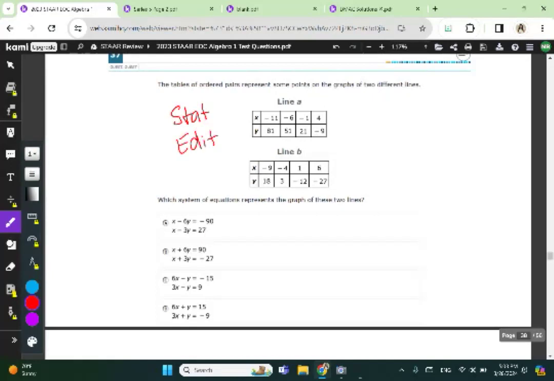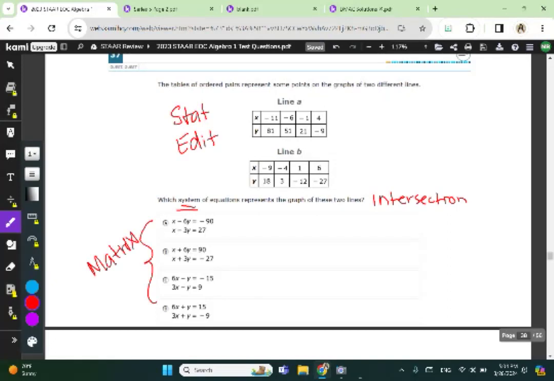Because this is a system, the whole concept behind a system is you're trying to find the point of intersection. We're going to use stat edit to find the equation of these two lines and find where they intersect. Because all of these are in standard form, we have to use a different method. So we have to use matrix to find the point of intersection with these.